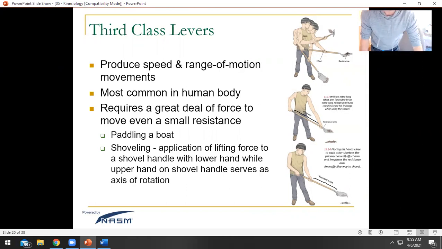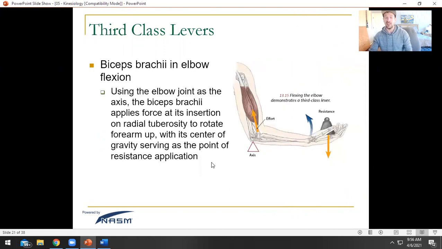Now, this third class lever is what you're mostly going to see inside the body. This is the most common type of lever that we've got, because it requires plenty of force in order to be able to happen. Think about your biceps, right here. This is kind of funny, but your biceps actually run down and only grab right here at the very, very end.